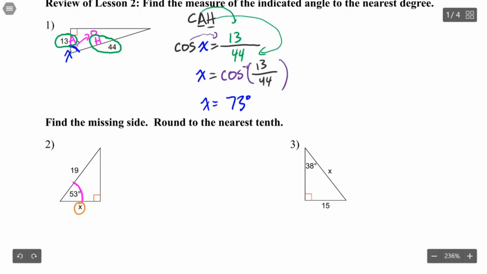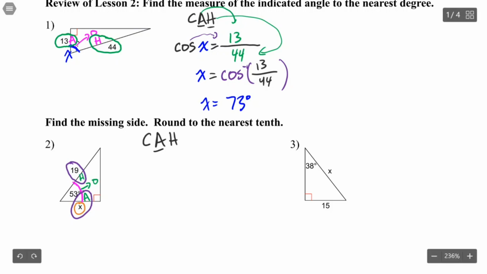Then we're going to label our sides, hypotenuse first, then opposite, then adjacent. Now the two sides I care about, one of them is always going to be a side that I know, and the other side that I care about is the side that I'm trying to solve for, which in this case is x. And this is adjacent and hypotenuse again. That's fantastic. This is another CAH question.